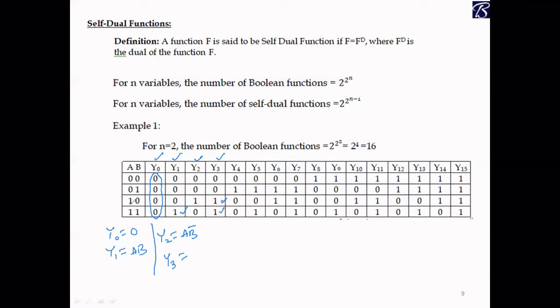So in terms of AB, it is A B bar plus AB. The output all ones is y15 equal to 1. So the total number of Boolean functions is nothing but 16 for n equal to 2.